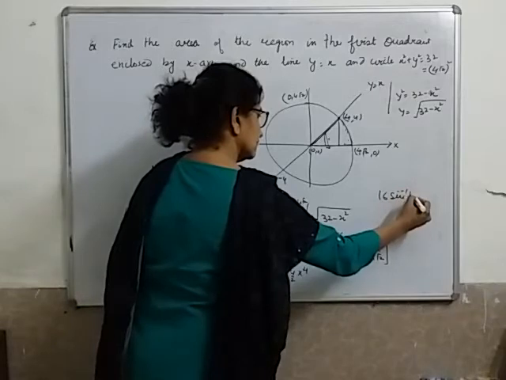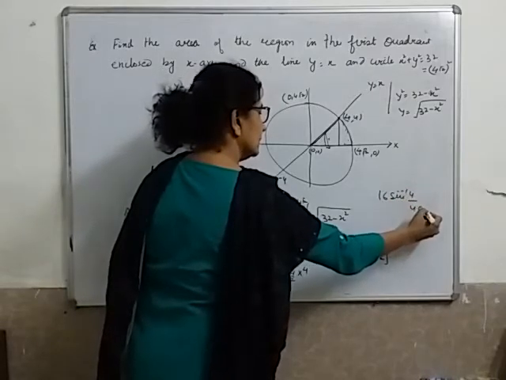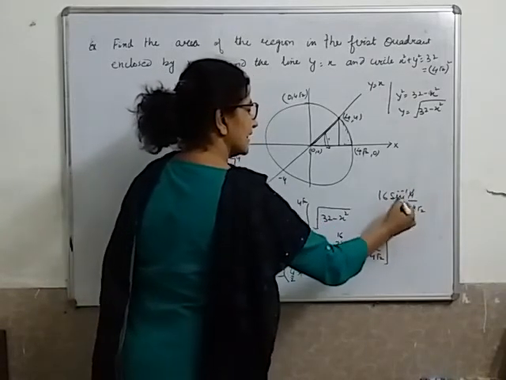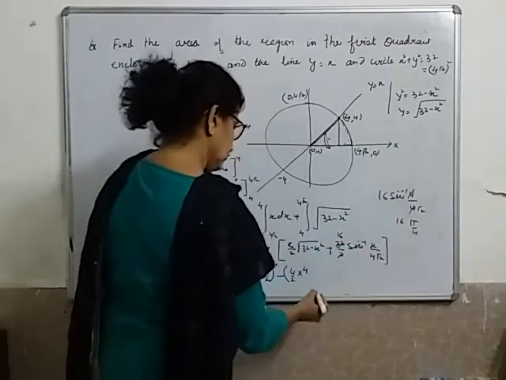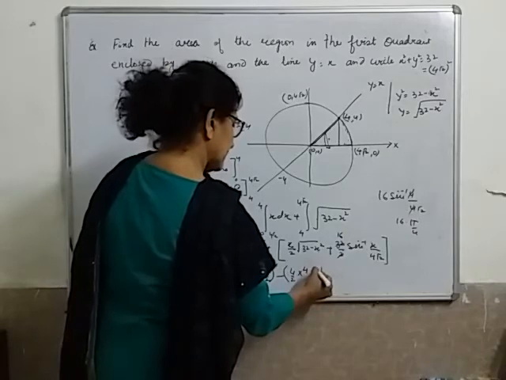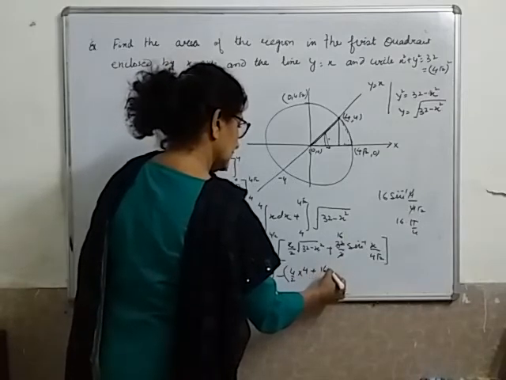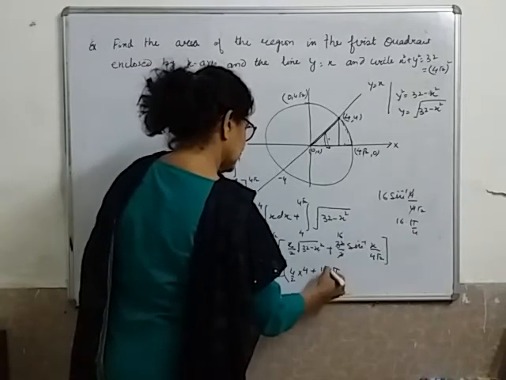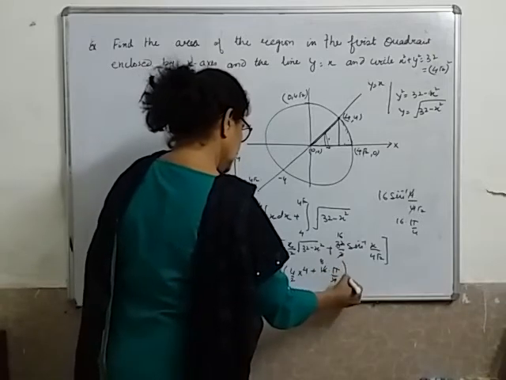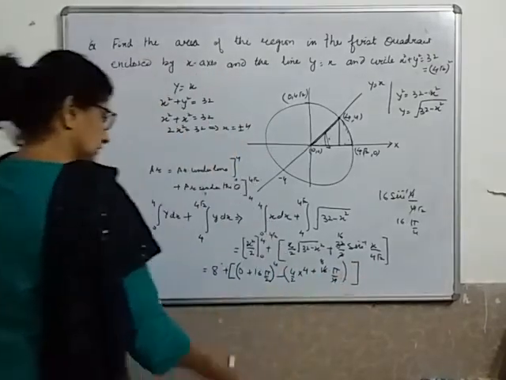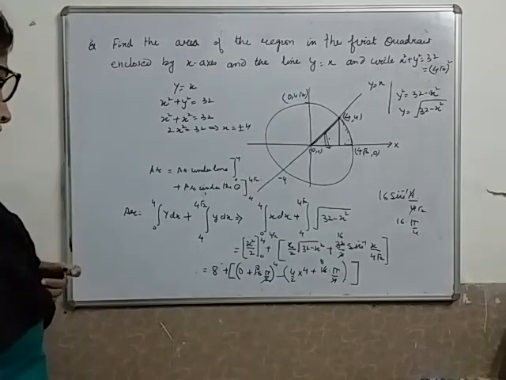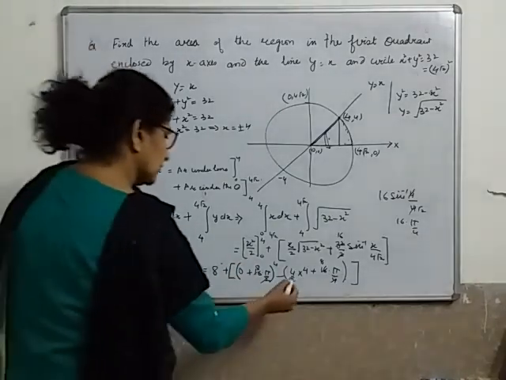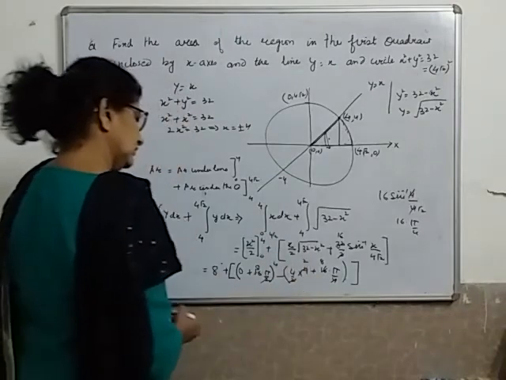Sine inverse of 4 by 4 root 2, this cancels, sine inverse of 1 by root 2 is pi by 4. So I put here plus 16 into pi by 4. This is 8. Okay. Then closed. This also is 8. Okay. So when I open the bracket, this also is 8.